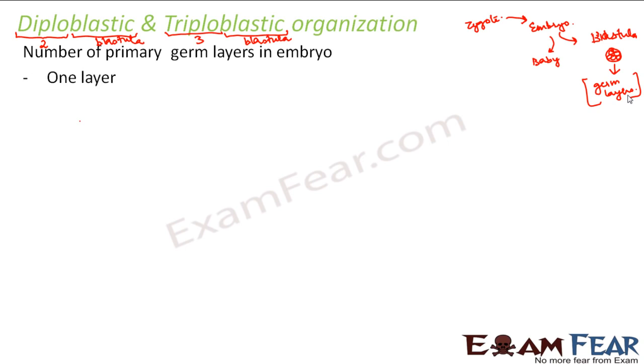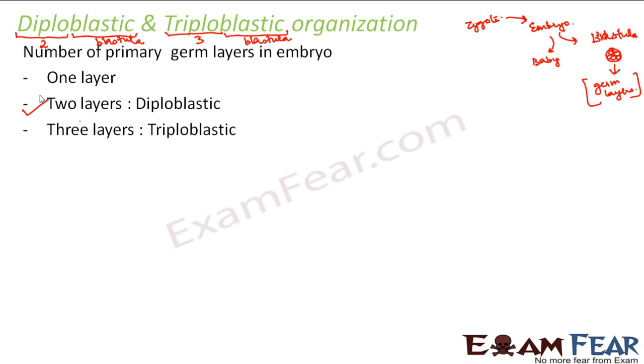So there are three possibilities. There can be one germ layer, there can be two layers. If there are two germ layers, it is known as diploblastic. If there are three germ layers, that animal is known as triploblastic. These germ layers give rise to every organ of the body, starting from the skin and hair to the digestive tract.